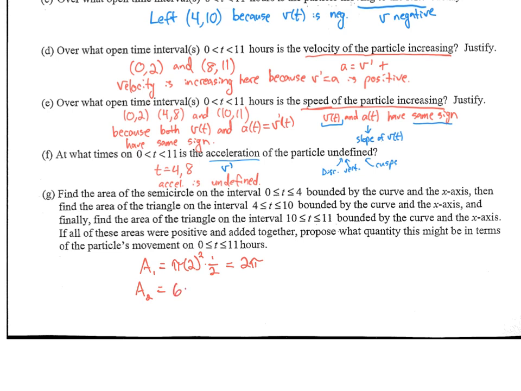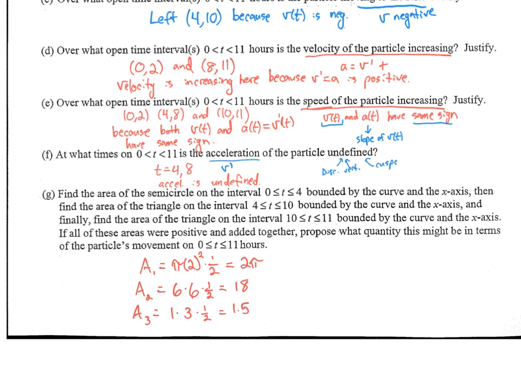The height goes all the way down to -6, so the height is 6 as well. 6 times 6 is 36, and half of that is 18. And area 3 would be that last triangle from 10 to 11. Again, we've got a base of 1 and a height of 3, and multiply by 1/2. So that gives us 1.5.